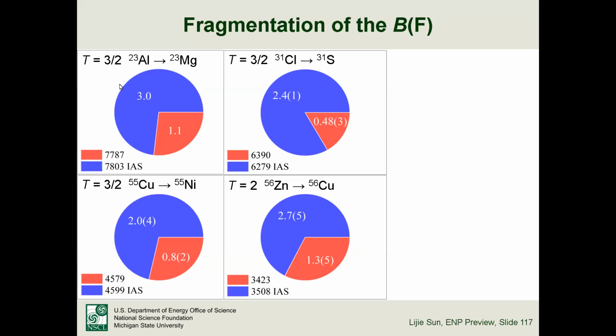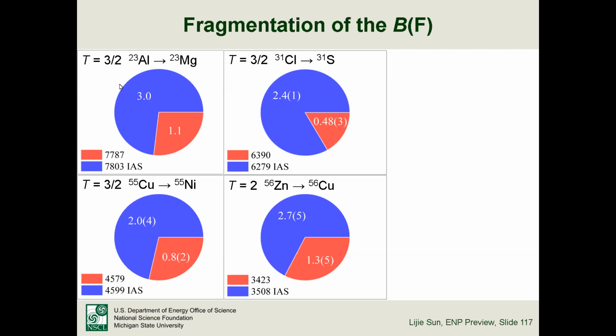The blue sectors represent the Fermi transition strength to the IAS in each beta-decay daughter nucleus, and the red sector represents the fragmented Fermi strength split into a nearby state, just several tens of keV above the IAS or below that.